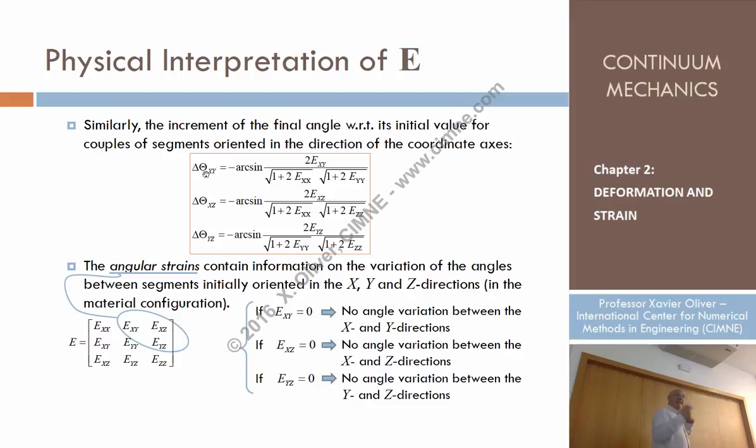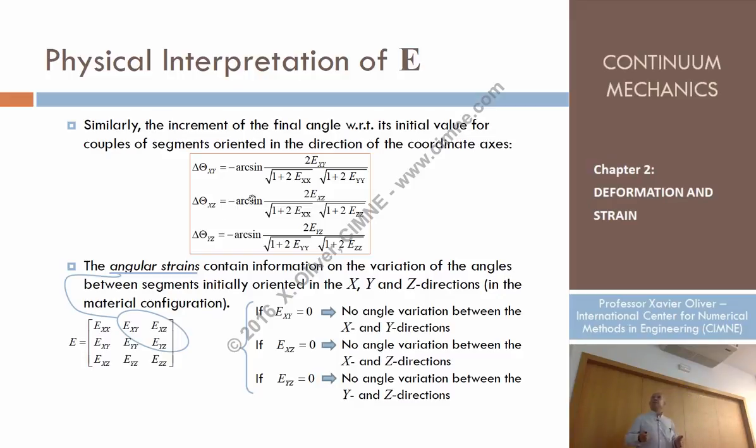So if that component of the strain tensor is positive, that means that the segments that initially were orthogonal to each other have closed. The angle has decreased. That is something that sometimes you don't keep in mind, and that's important. So a positive value of these terms means that the angles along the deformation tend to close. The original orthogonal angles, pi over 2, tend to close.